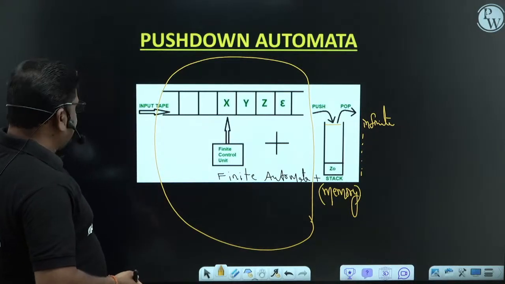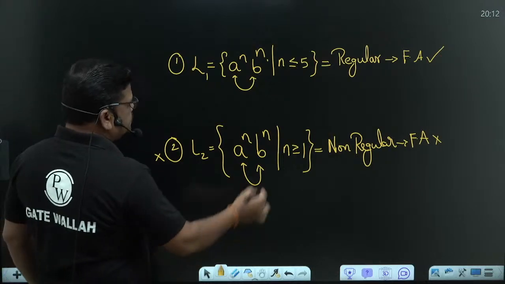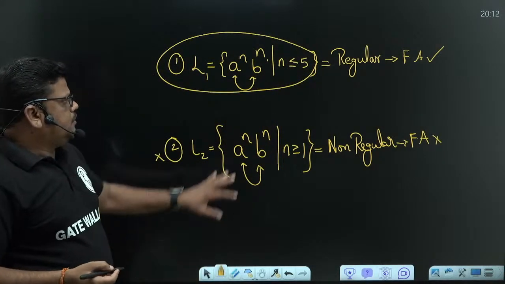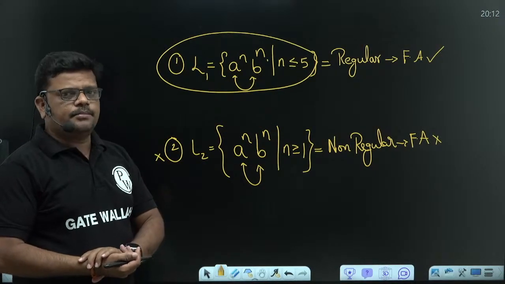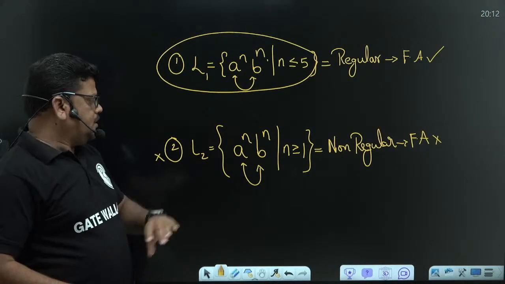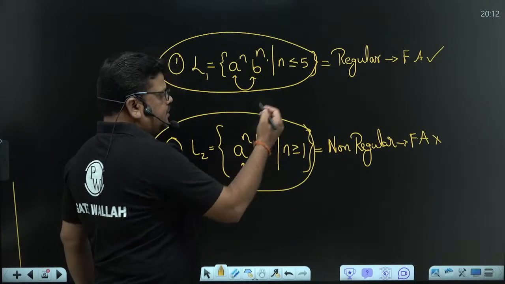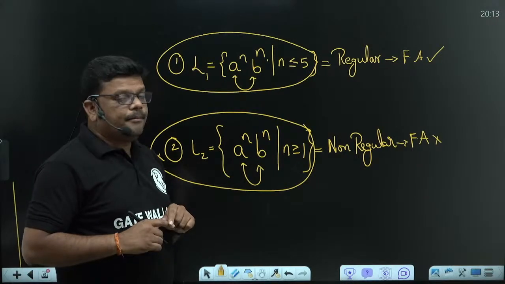For this example, memory is required, but that memory is finite. Now we'll construct it and see how this memory acts. For the other example, infinite memory is required.